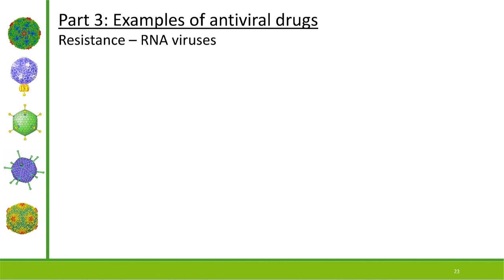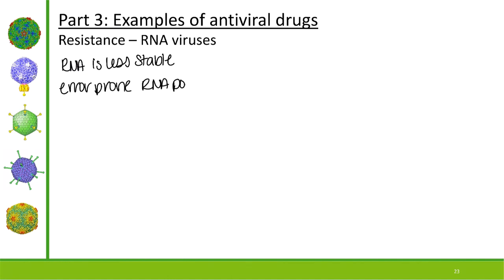So we can actually talk a little bit more about RNA viruses versus DNA viruses and think about why. Of course, that first reason goes back to the idea that RNA is less stable, but also RNA viruses tend to have error-prone RNA polymerases.